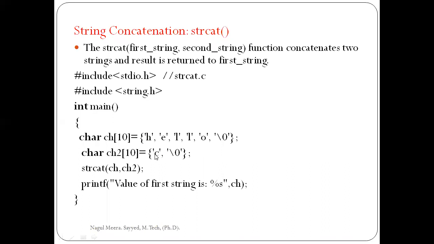Now I am combining these two strings using strcat of ch comma ch2. Now printf, value of first string is %s, because I want to print the combined string.